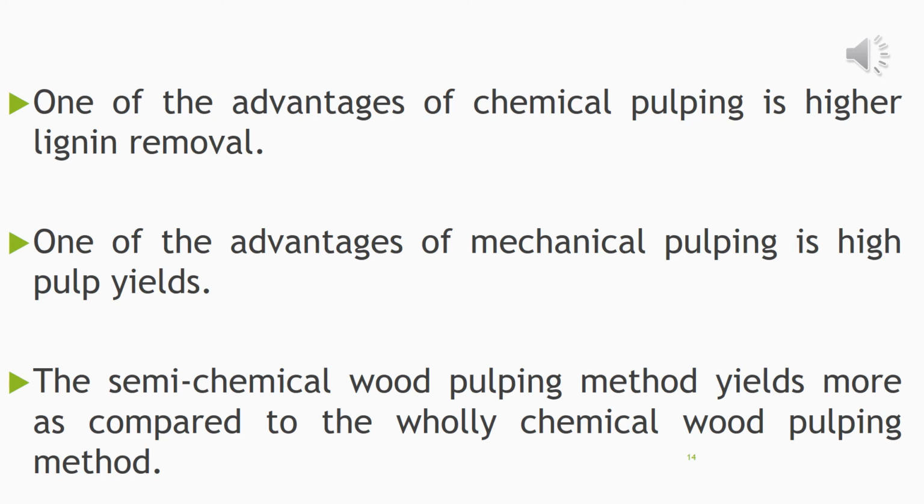The semi-chemical wood pulping method yields more as compared to the wholly chemical wood pulping method. So if we compare all these three, chemical pulping, mechanical pulping, and semi-chemical pulping, we would see that the yields are higher in mechanical pulping, and it is also commercially cheap, but it contains a high amount of lignin.